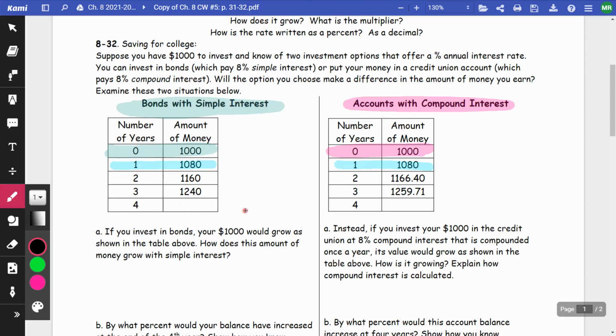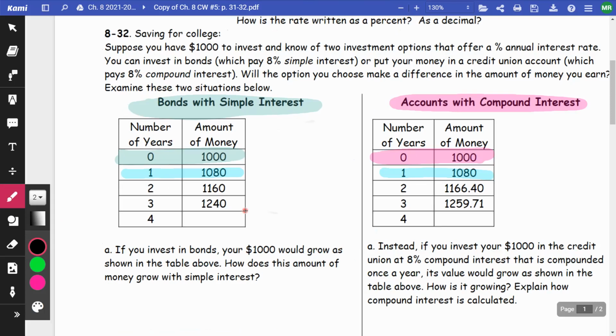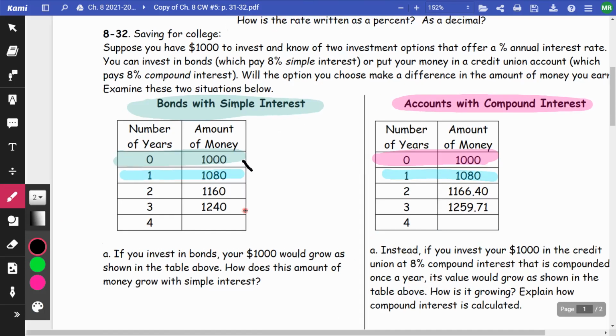Okay, so hopefully you tried the problem so that you can kind of see what's going on. Now, kind of what I notice here is the difference between these two is 80. And here to here, I'm also adding 80. So each of these, we are adding 80. So to get the next one, I'm also going to add 80.